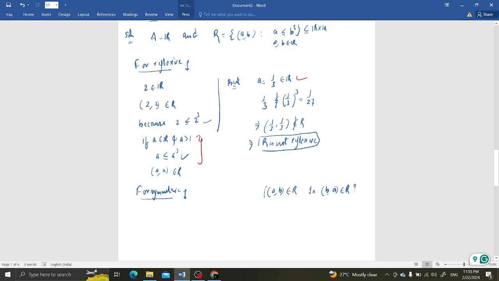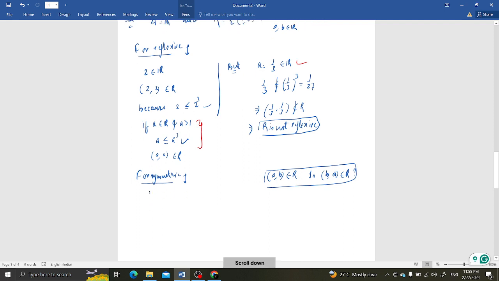That is our question. If (a, b) belongs to R, is (b, a) belongs to R? So observe that if we choose a equal to 2 and b equal to 10, we can choose that.